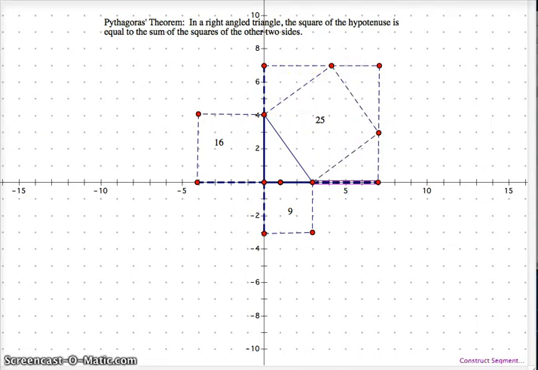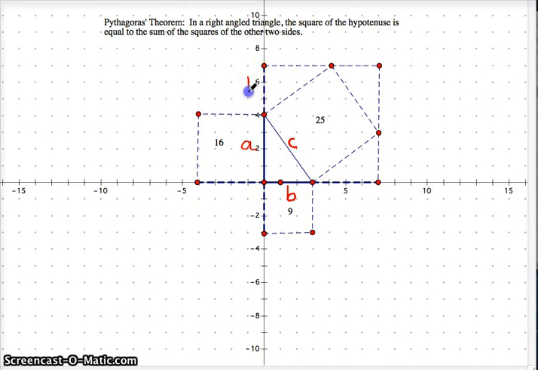What I'm going to do is label these. I'm going to call this side A, this side B, and this side C. So I've put this triangle here, which is B, 3 units long.